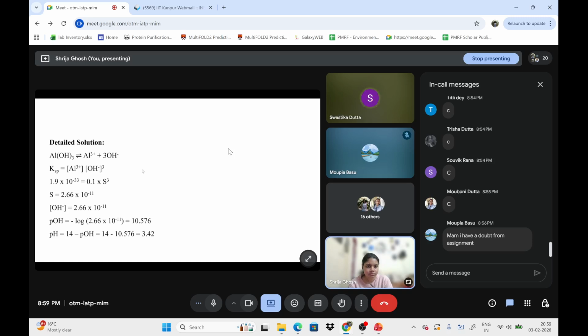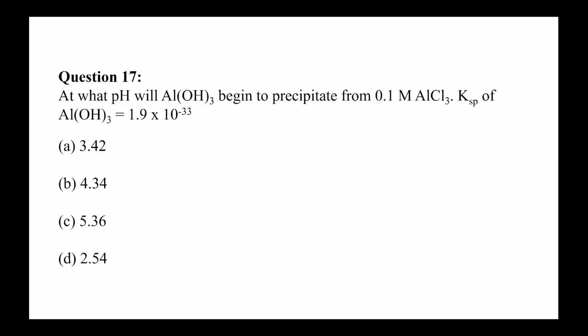Ma'am, if we have taken 3S for the concentration of OH, then why not here, like in ALOH whole thrice? We haven't calculated S here. I have written OH minus ion concentration as S. So basically this S does not mean the solubility here. In this question we had the concentration of Al3 plus given already, right?